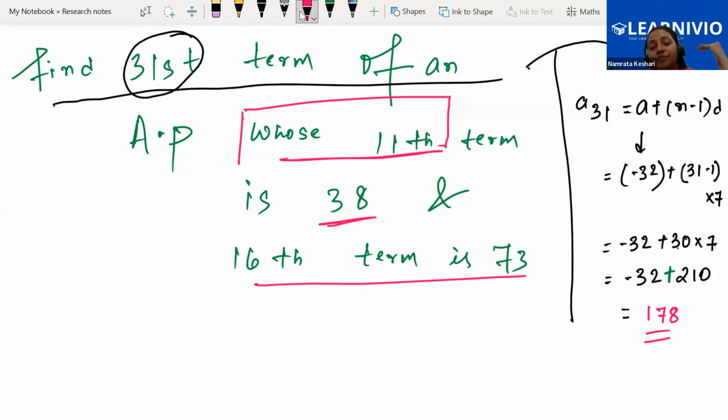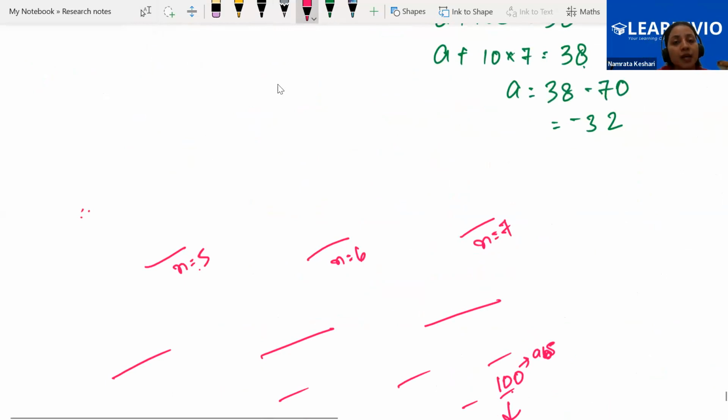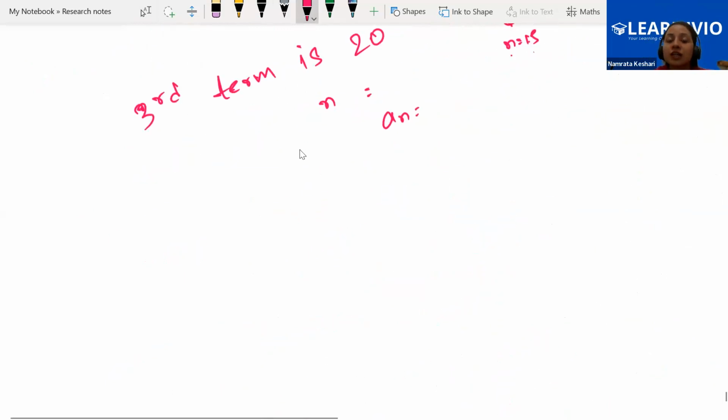So at the 31st place, what is sitting? 178. At the 31st place in our AP, which term is there? 178 is there. First term of the AP is minus 32. This much, whatever we are calculating over here, should be crystal clear to you. The first term we got as minus 32.